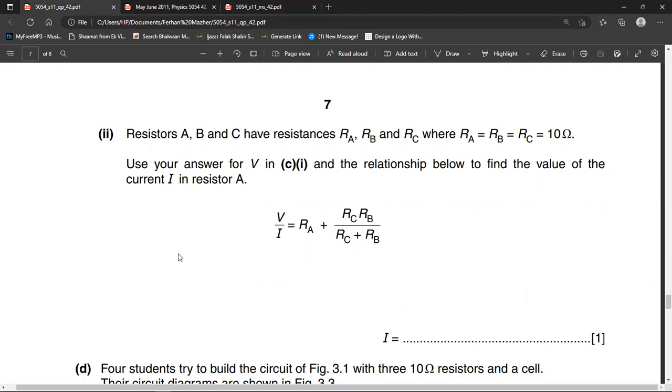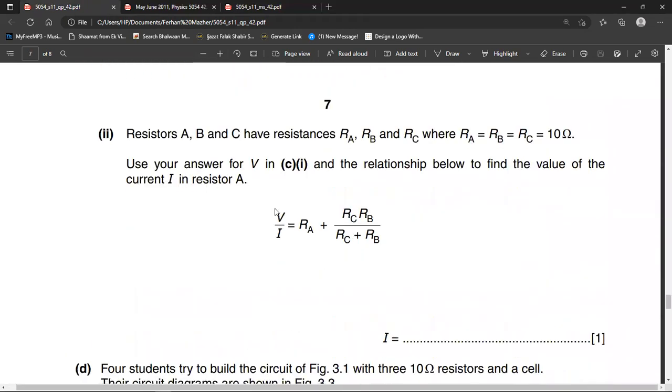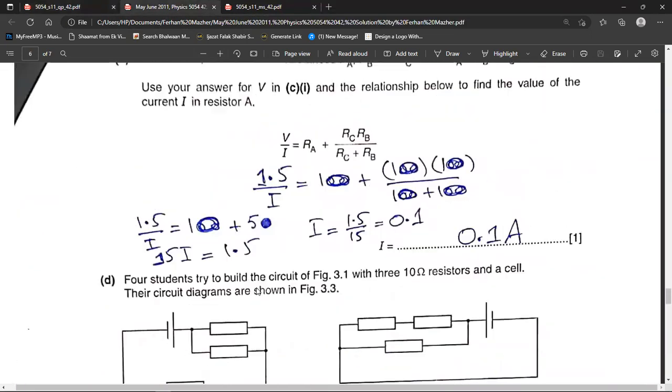Use your answer from V in the first part and the relationship below to find the value of the current I in the resistor A. The voltage value we just found is 1.5 volt, and RA is 10, RB is 10, and RC is 10. You simply have to put the values in this formula.